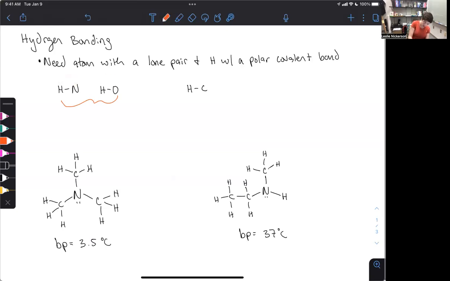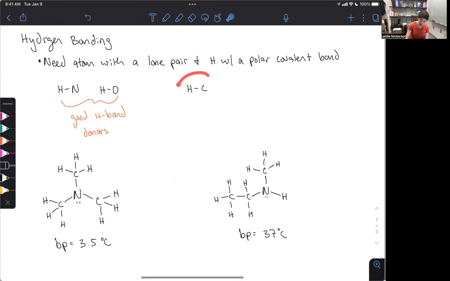So these are good H bond donors. H bonding comes in two different flavors. Whatever is providing the H is called the donor. Whatever is taking the H, not really taking, but sharing the H, is the acceptor.